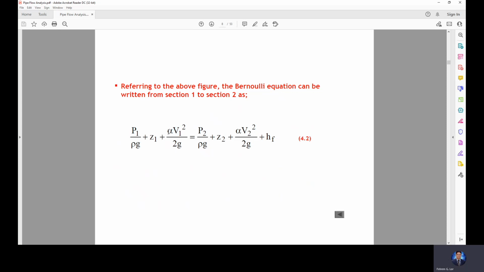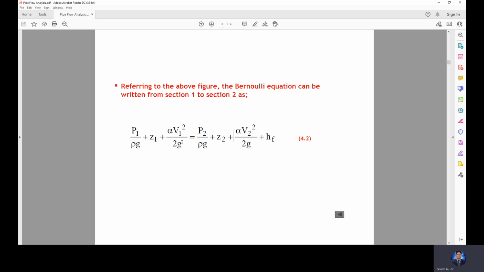As we discussed earlier, this alpha is the velocity correction factor. In most cases, this is just equal to 1. If alpha is not specified in the problem, it is just equal to 1. Okay, so elevation, pressure, and velocity. Whereas at point 2, we still have elevation, pressure, and velocity at point 2.